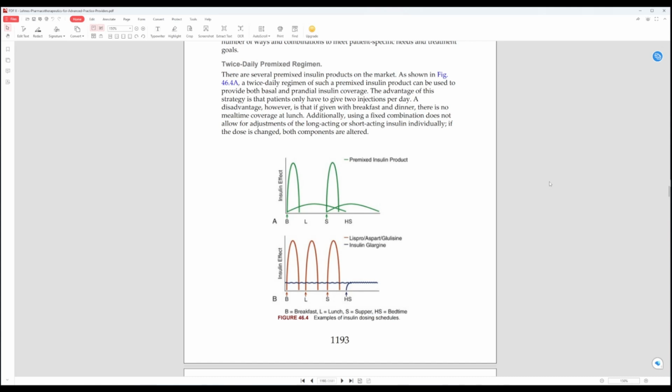A disadvantage, however, is that if given with breakfast and dinner, there is no mealtime coverage at lunch. Additionally, using a fixed combination does not allow for adjustments of the long-acting or short-acting insulin individually. If the dose is changed, both components are technically altered.